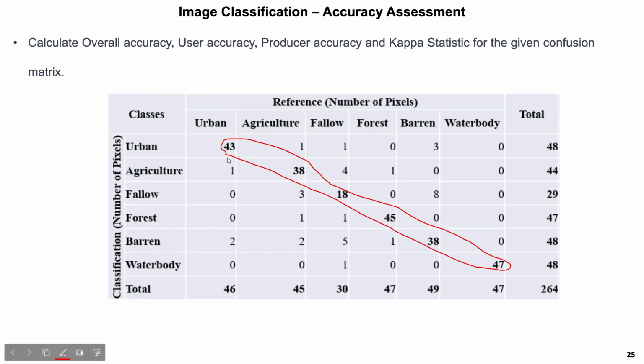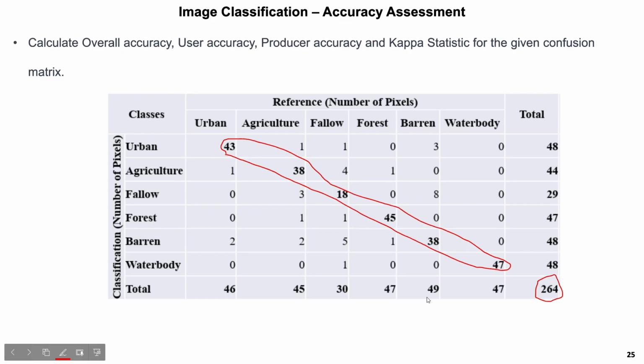That comes to around 229, divided by the total number of pixels here, which is 264. When I divide 229 by 264, it is around 0.86, which means the classification is 86% accurate.